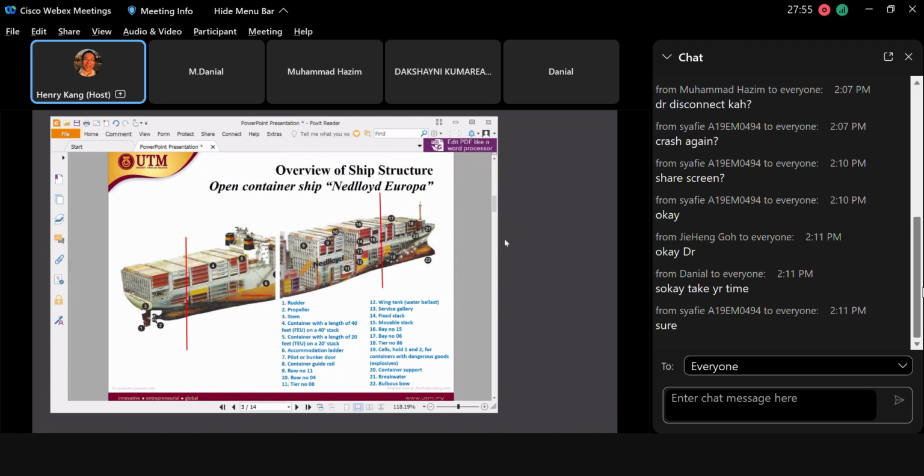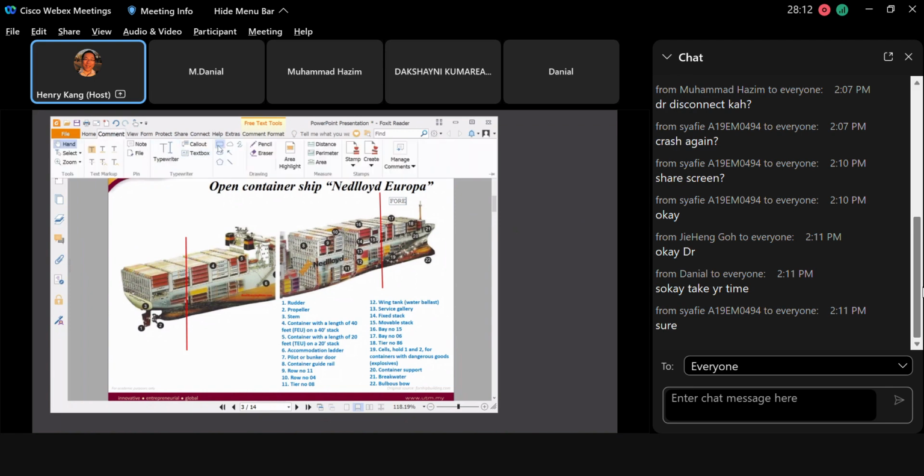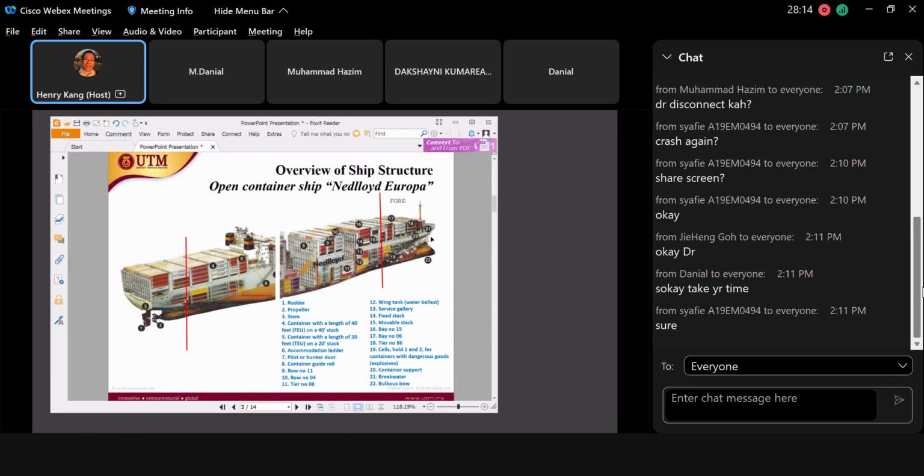Okay. So the first part is the so-called fore part. The fore part is the front part as well. Okay, you can see my screen, right?